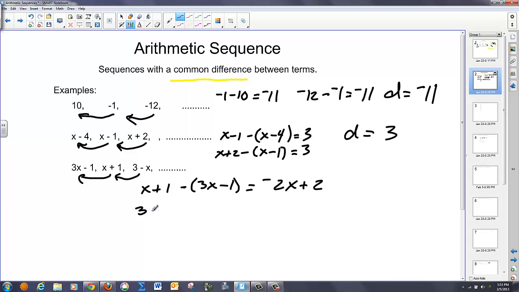I get 3 minus x, and I'm subtracting x plus 1 from that. You'll notice negative x minus x is negative 2x, and 3 minus 1 is 2. So the common difference in this case is an expression of negative 2x plus 2.